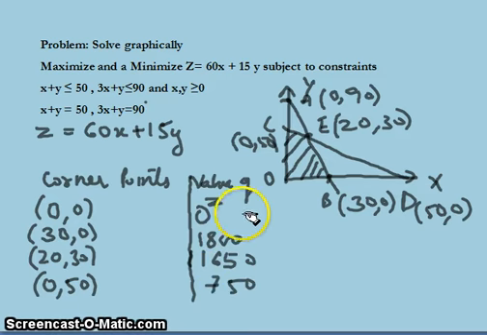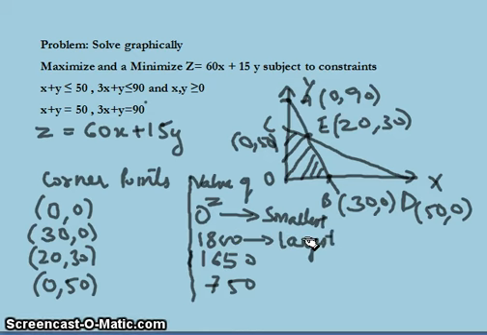Now as we can make out, the value of Z is smallest at corner point O, that is having coordinates 0, 0, and highest for coordinates 30, 0, that is point B. This has the largest value.